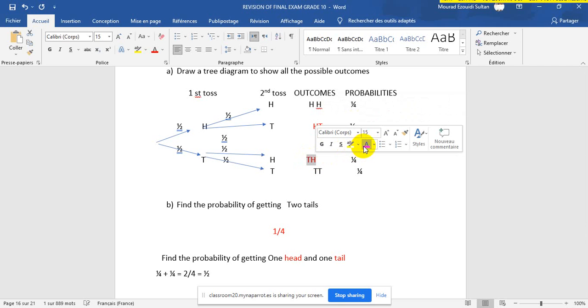You can see that in the first toss I will get a head and in the second toss a tail, or in the first toss I will get a tail and in the second toss a head.